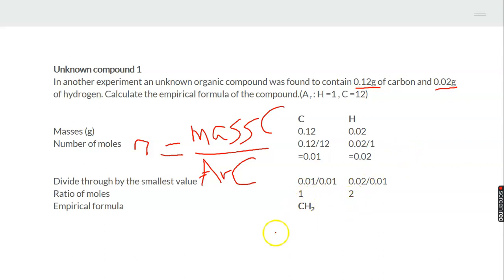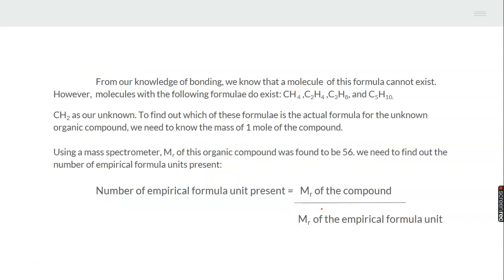So that means the compound, the empirical formula, that's the name, empirical formula, because it's showing the ratio of the constituent elements. So carbon is 1 and hydrogen is 2. That's why you have this formula right here.